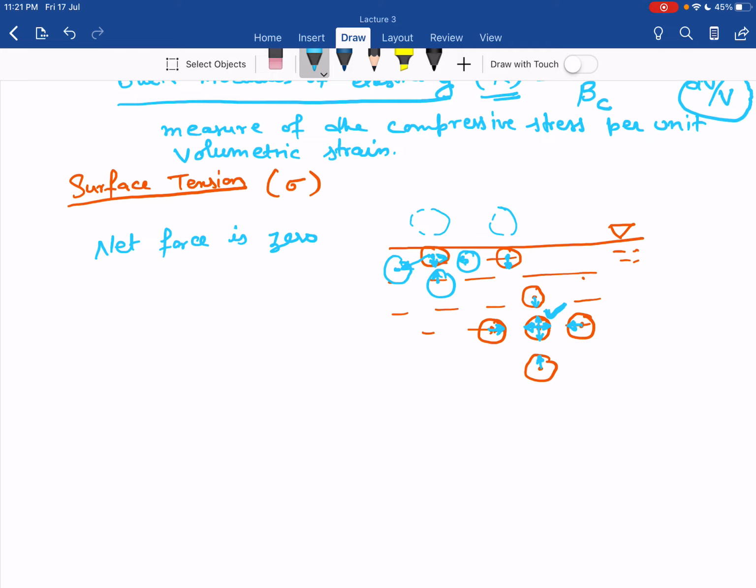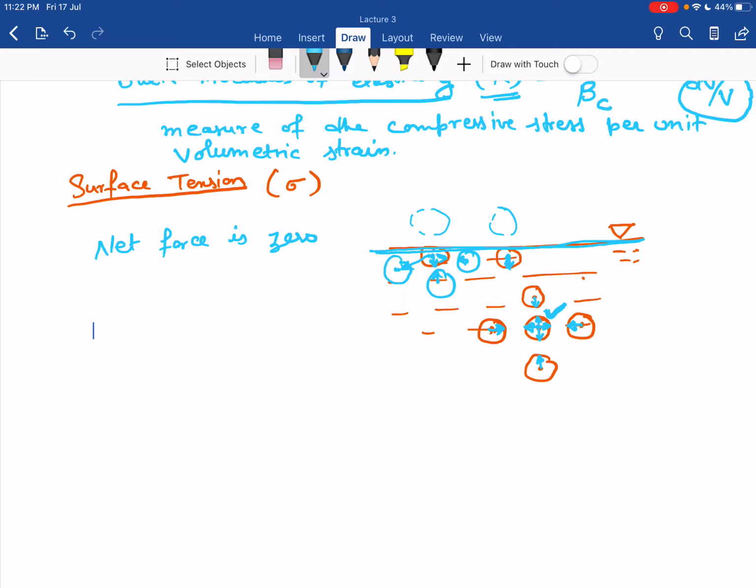Similarly, this molecule again experiences some inward force in the downward direction. So due to this net inward force, we get a stretched membrane of the liquid surface. So that's why the liquid surface is in the form of a stressed membrane.